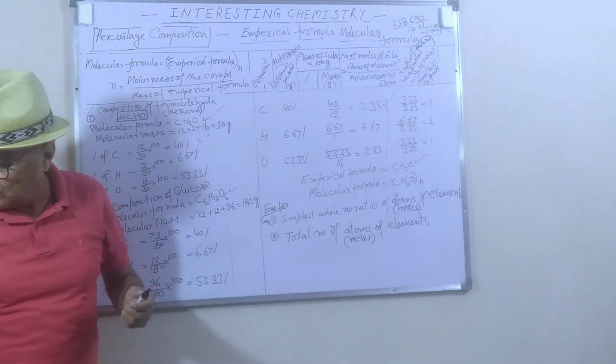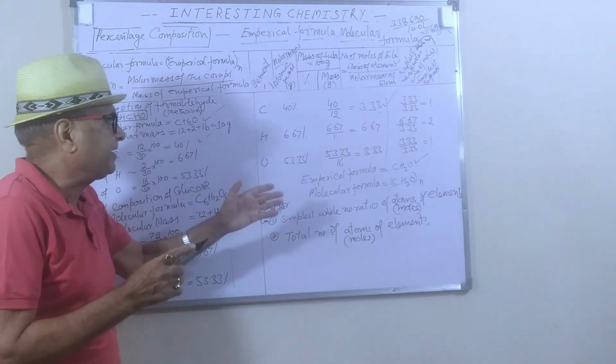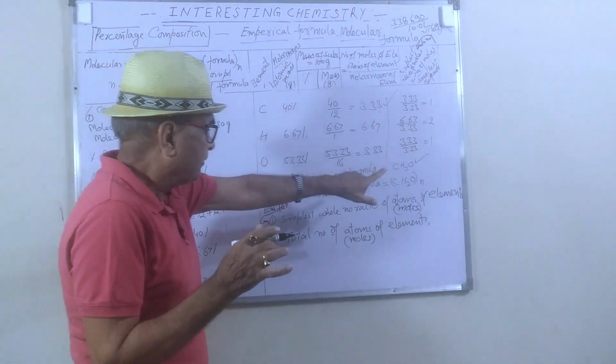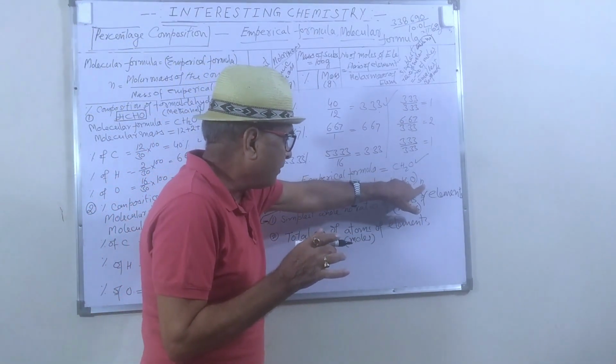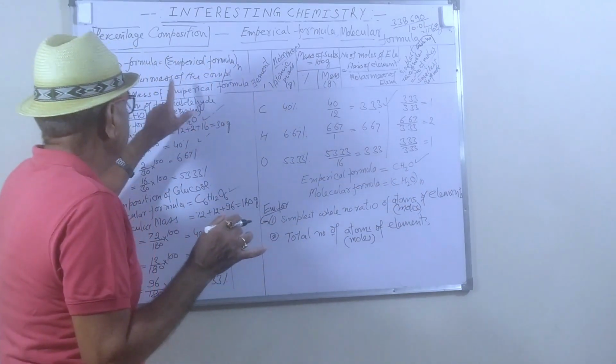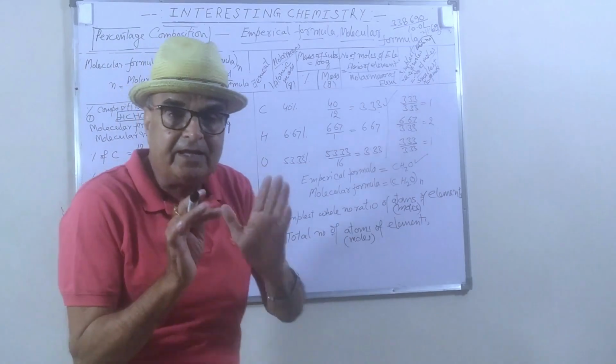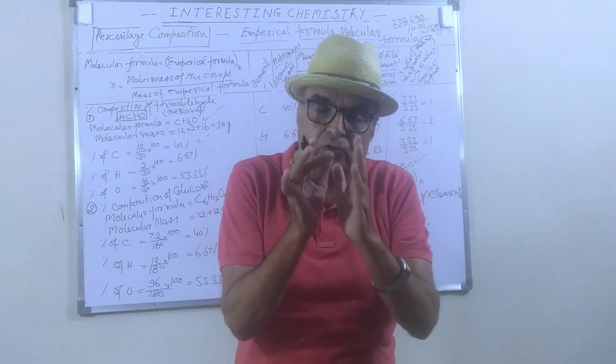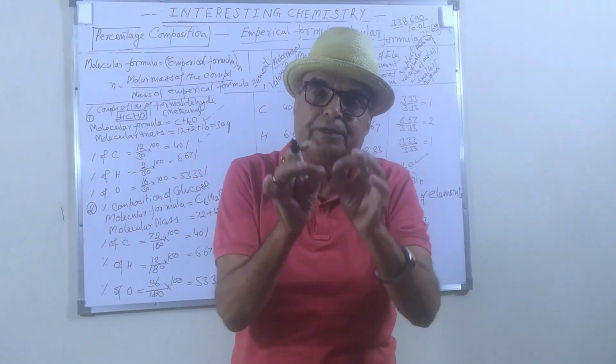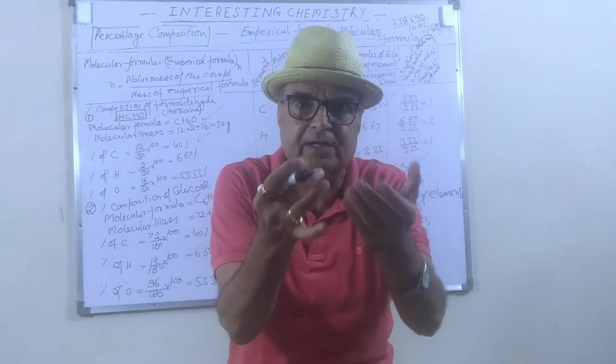So here you have to find out the value of N. This N is equal to the molecular mass of the compound divided by the mass of the empirical formula. The molecular mass of the compound will be given in your numerical.